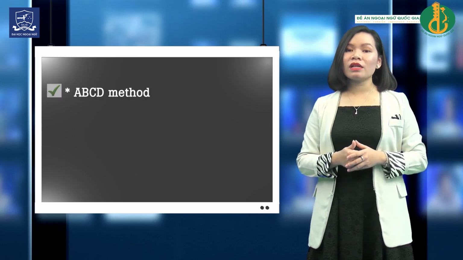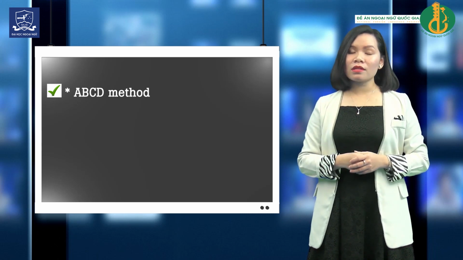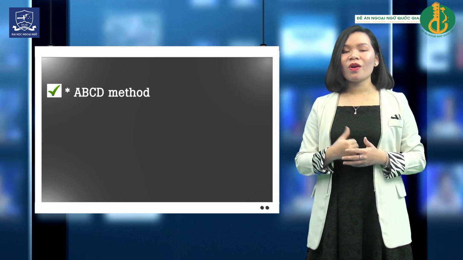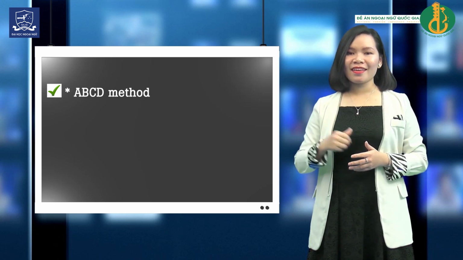So, in order to avoid writing unclear, immeasurable, too long, or overly complicated objectives, first, base on the ABCD method to clearly identify 4 different components of good lesson objectives, which are audience, behavior, condition, and degree.